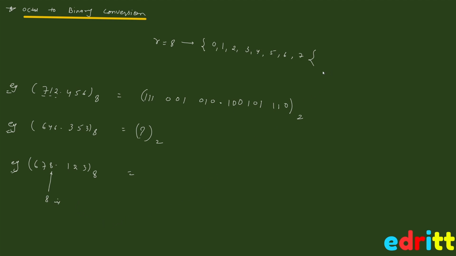Because the possible symbols I can have are only 0 to 7. So this 8 is not a legal symbol, right? So 8 is an illegal symbol in the octal number system. So this case itself is not valid.